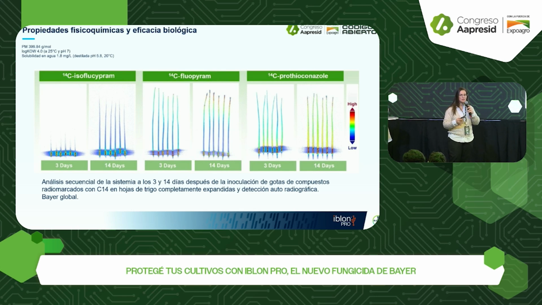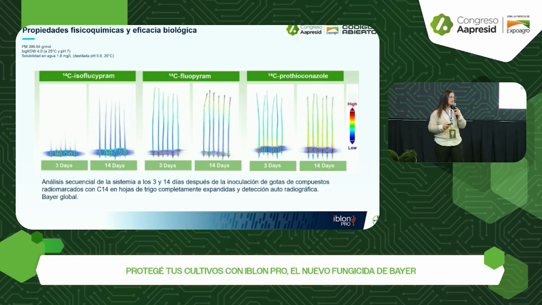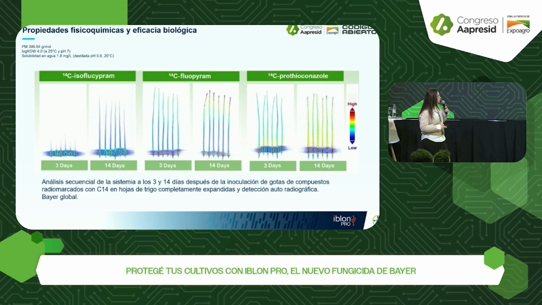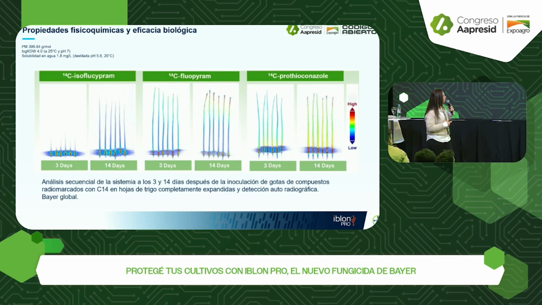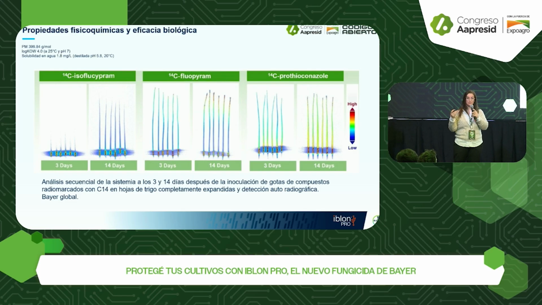If I am in the range of bluish and light blue colors, the product systems is lower. If I go to the orange, red range of colors, the systems will be faster. Why concentrate on proteoconazole and isoflurane 14 days after application? Because these are 2 of the active ingredients that are a part of Iblon Pro.